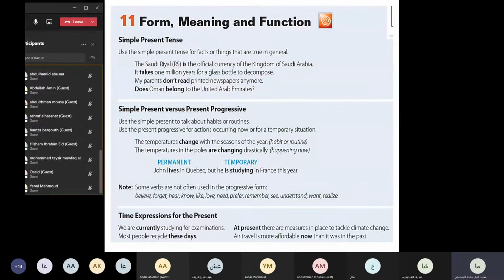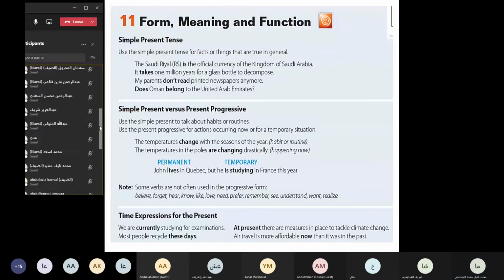In Quebec. But now, at this time, these days, this year, he is what? He's studying in France. Now here we have a note. We have to take it into consideration. If you remember when we talked about stative verbs, what do we mean by stative verbs? You can remember the stative verbs.